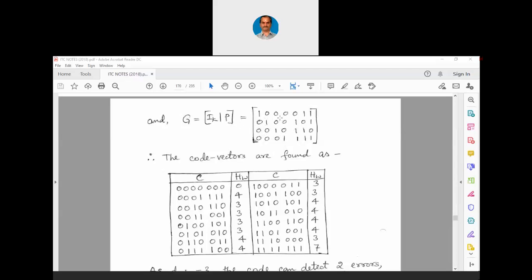Then the parity matrix we write as it is: 0 1 1, 1 0 1, 1 1 0, 1 1 1. That way we have a generator matrix now. Using this generator matrix, we can find the code vectors. I have already written all the code vectors for all the input bits. Our k was 4, right?